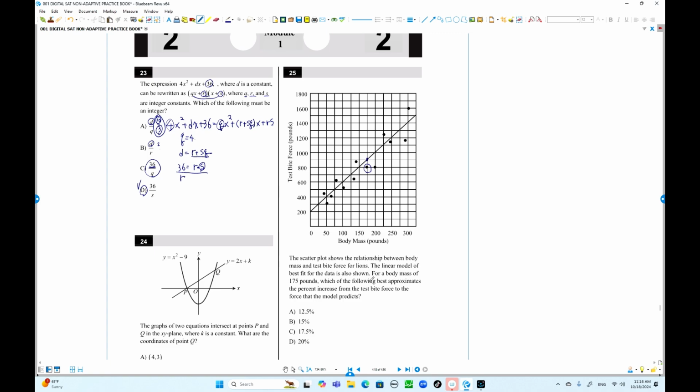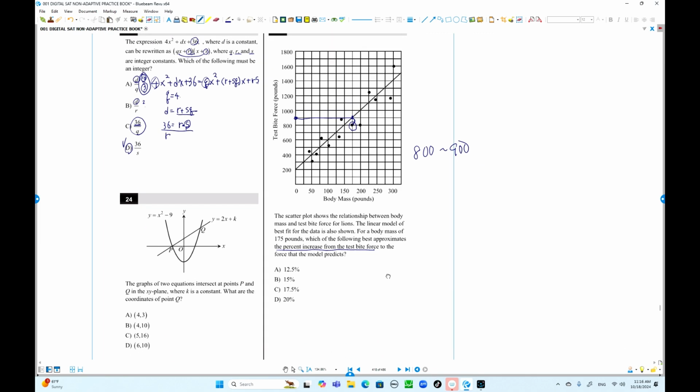The question is which of the following best approximates the percent increase from the test byte from 800 to 900, right? How much percent of increase? That's the question. You know that 900 minus 800 is a 100 increase from where? From 800. When you multiply by 100, that is what? 12.5% increase. Okay. Option A is the answer.